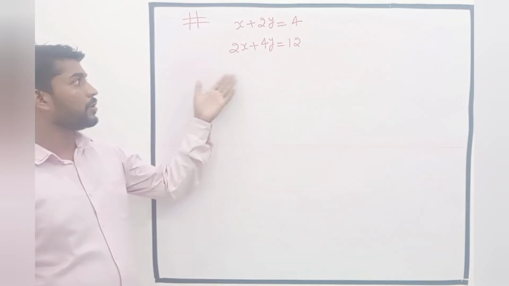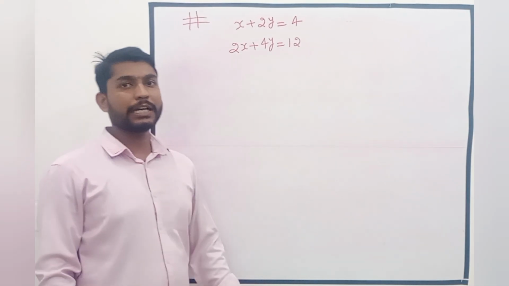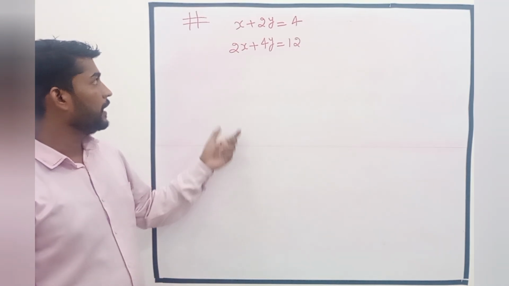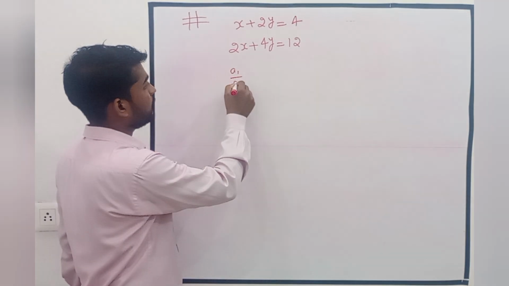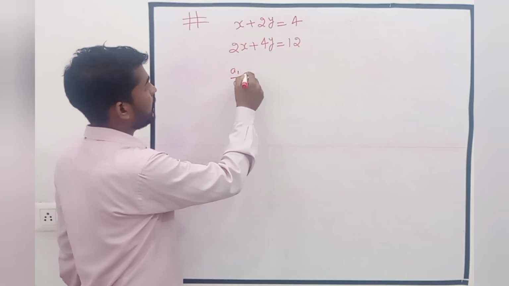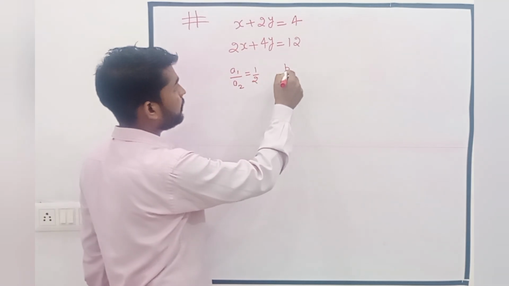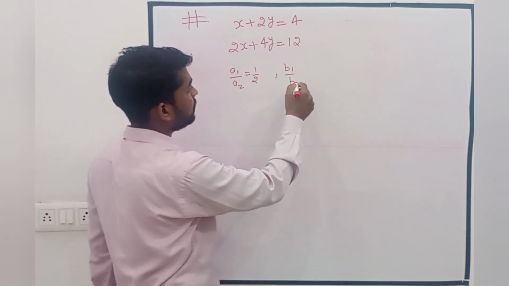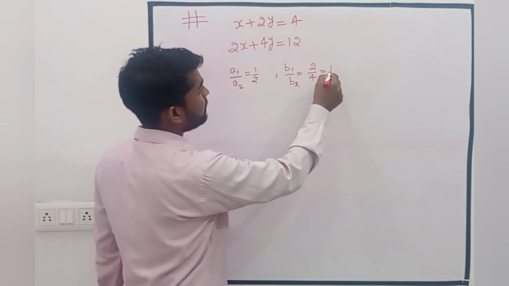And again we will solve these two equations, and check whether they are intersecting lines or parallel lines. We check the ratio of the coefficients a1 upon a2, which is 1 upon 2. Again check b1 upon b2, which is 2 upon 4, that means 1 upon 2.